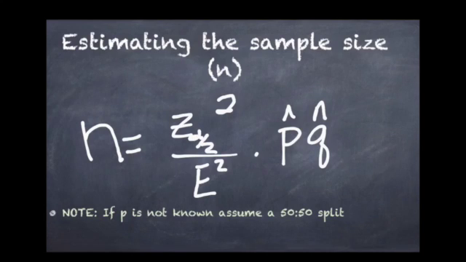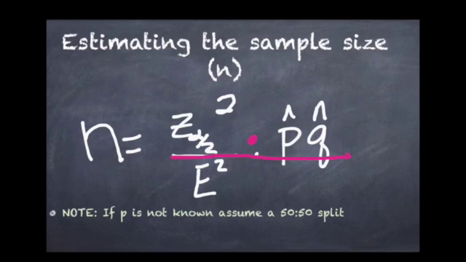You can write it in this format, or you can extend the division line to go straight across and multiply that way. So you're taking your z, squaring it, multiplying it by the values for your sample p and your sample q, and then dividing that by your error squared.